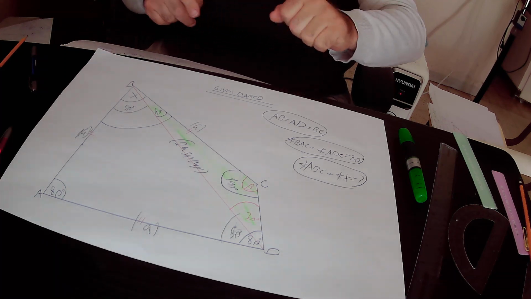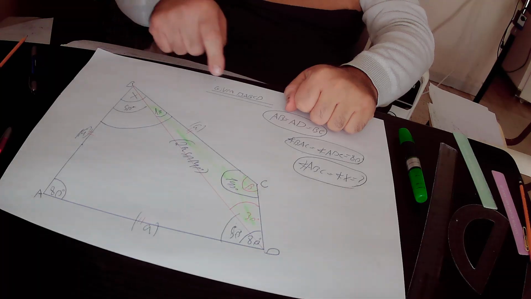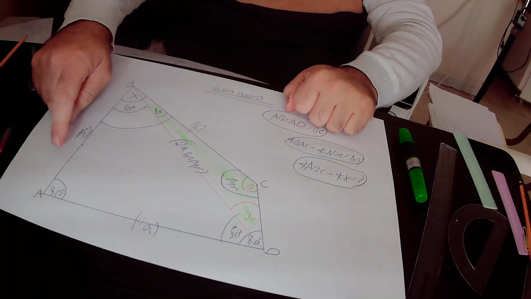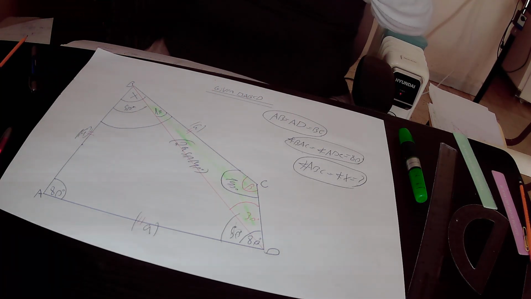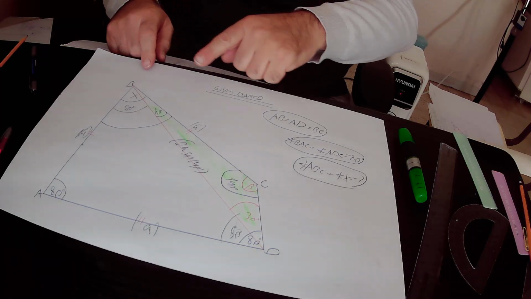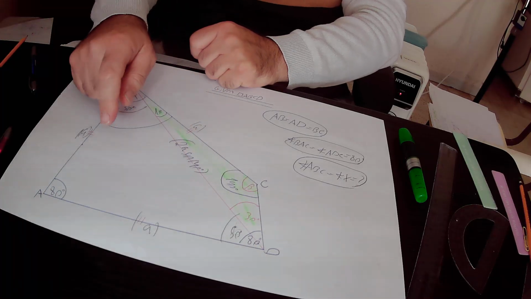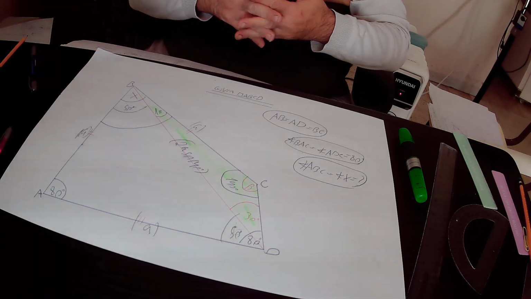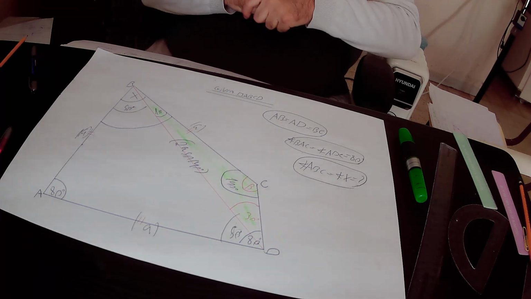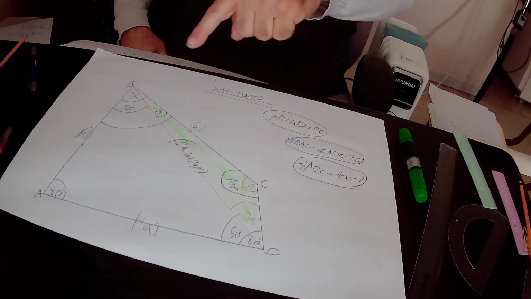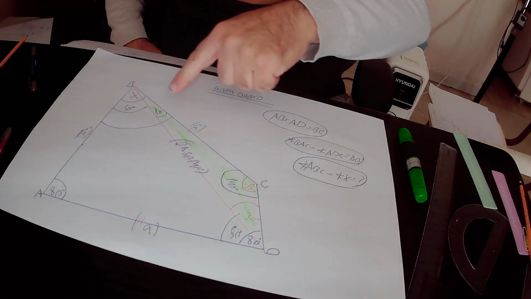We know that BC equals BA equals AD. So if we define the length of BC as a, then BA and AD must also be equal to a because they are equal to each other. So in the next step, we focus on this triangle ABD.